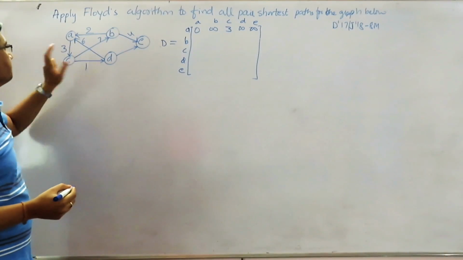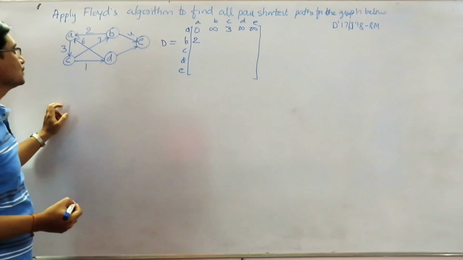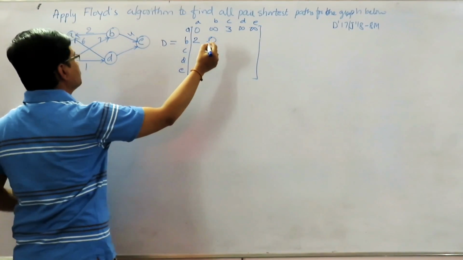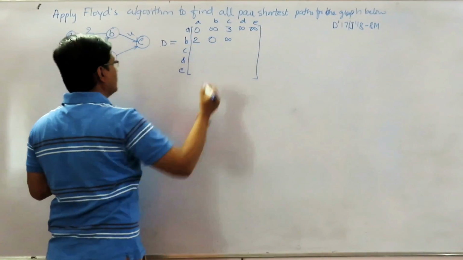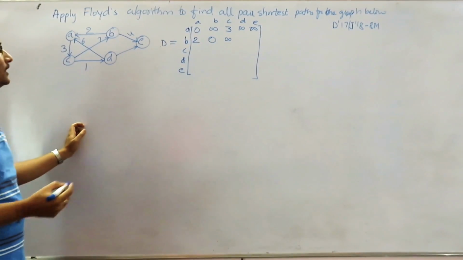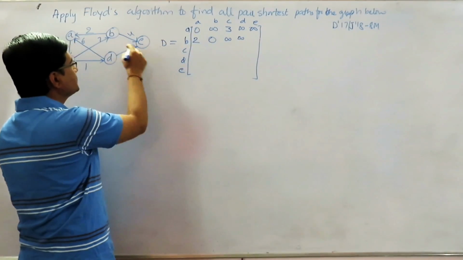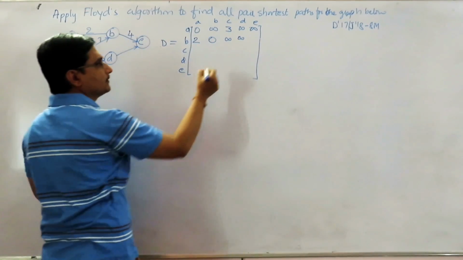B to A, there is an edge with a distance 2. B to B, 0 distance. B to C, no edge, infinity. B to D, no edge, so it is again infinity. B to E, there is an edge with a distance 4.